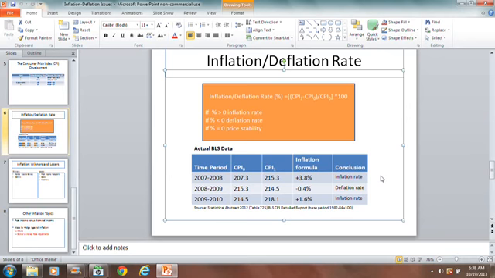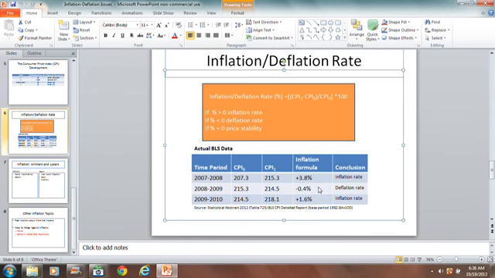And I did the same thing for 2008, 2009. I took the respective CPIs. Now 2008, 2009, our economy was gripped by the Great Recession. And during the recession, prices actually fell, as we had asserted earlier, and prices fell on average by 0.4%.